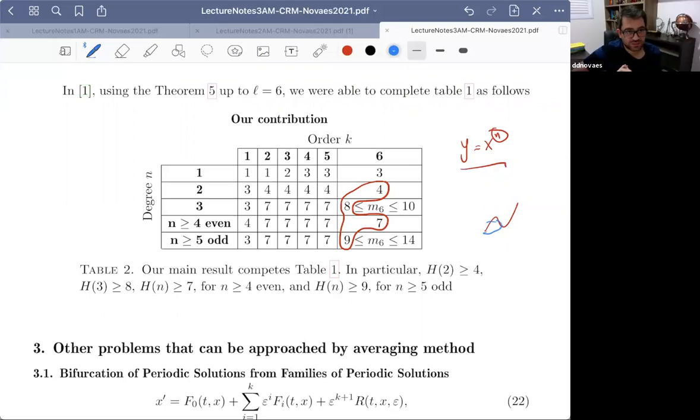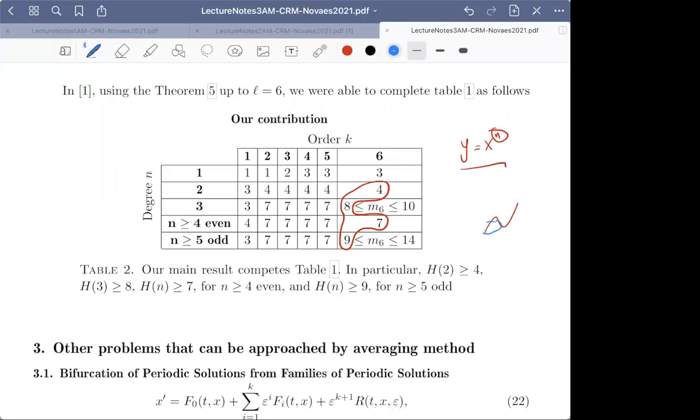Yes, but it could be, of course. Because if you don't bound the degree, you can think, for example, that the discontinuity line is the sine, for example, and then you have infinitely many.